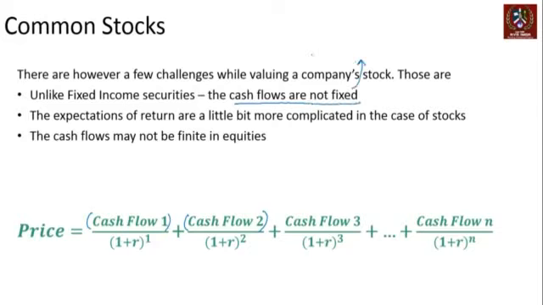Rather, you have to project them or actually find out what these cash flows would be. We don't know what these cash flows would be upfront. In the case of a fixed income security, the name suggests that the income or the cash flow every year is fixed. So to that extent, it's easier to value a fixed income security.